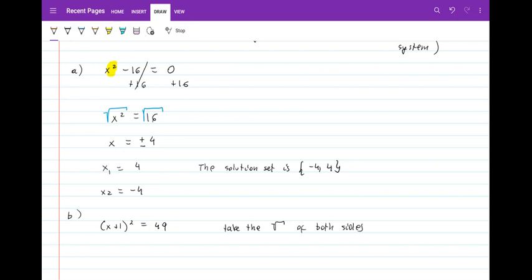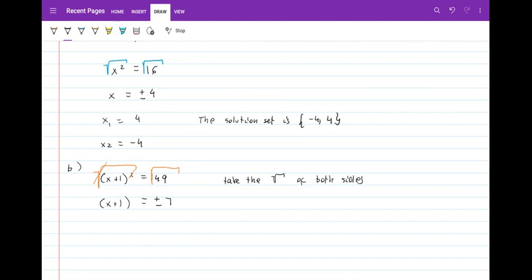So we're quickly going to take the square root of the left side, square root of the right side. So the second power and square root undo each other. So we only have x plus 1 equals the square root of 49. It's positive 7 and negative 7. So now when we have that, we're just going to solve two equations.